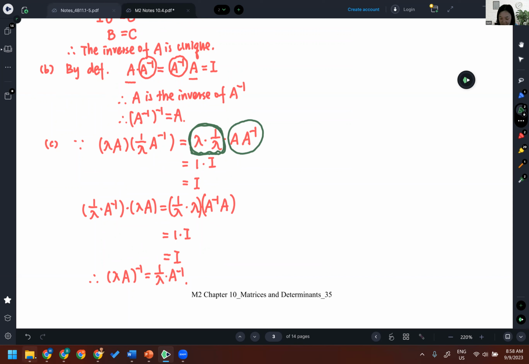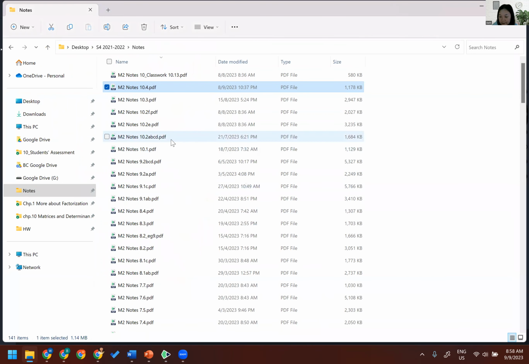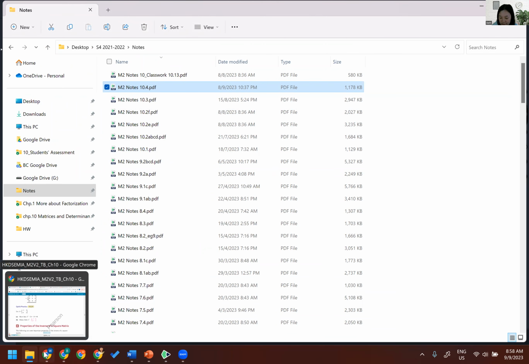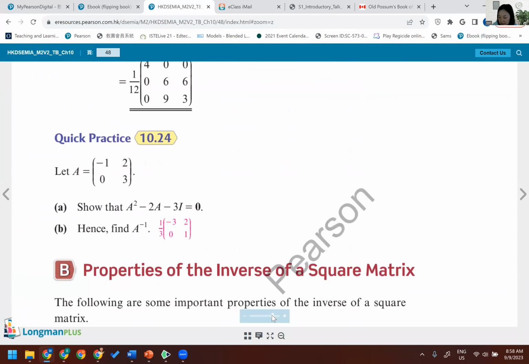Let me find it. I don't know exactly where it is now. In the textbook.